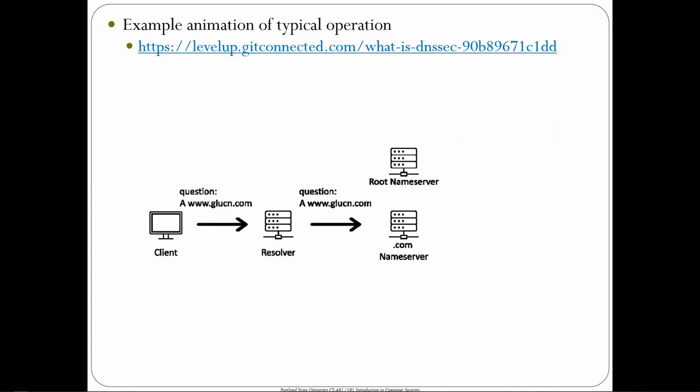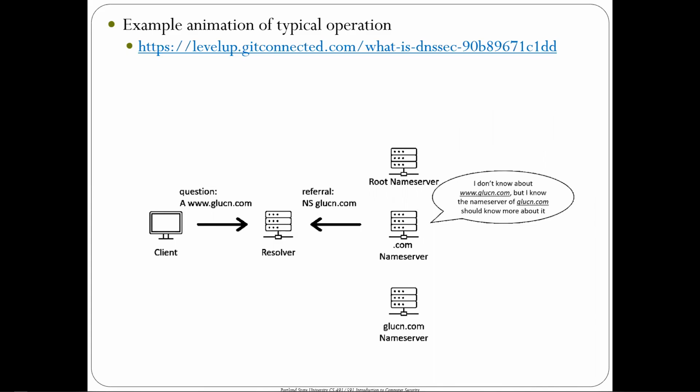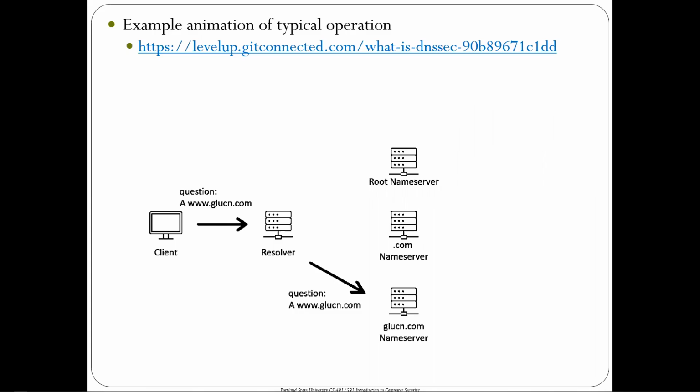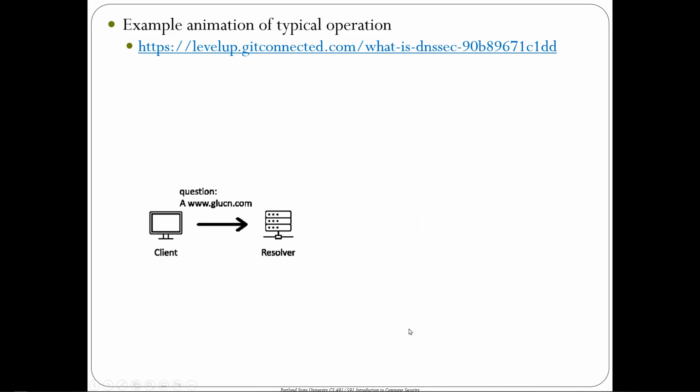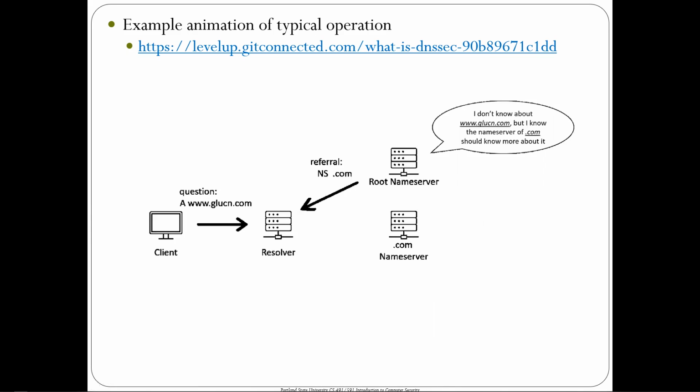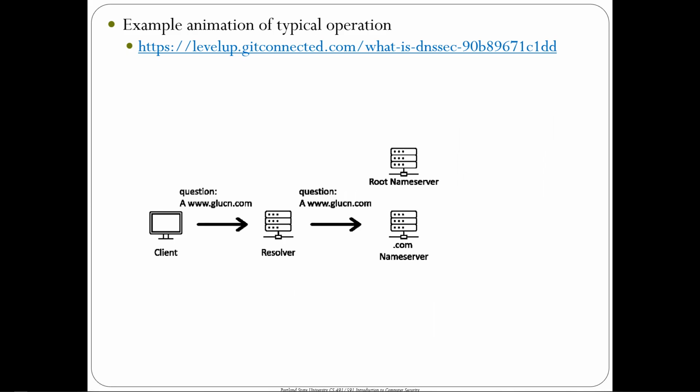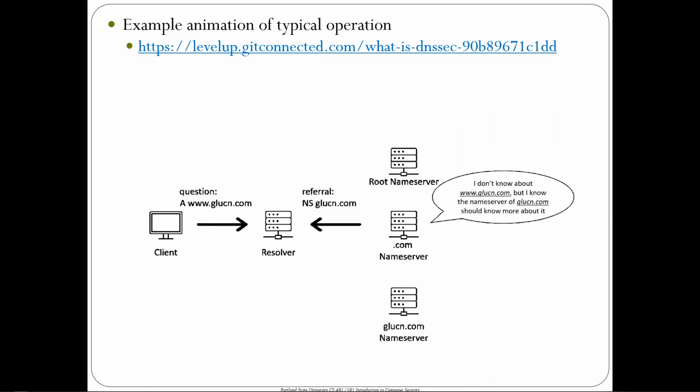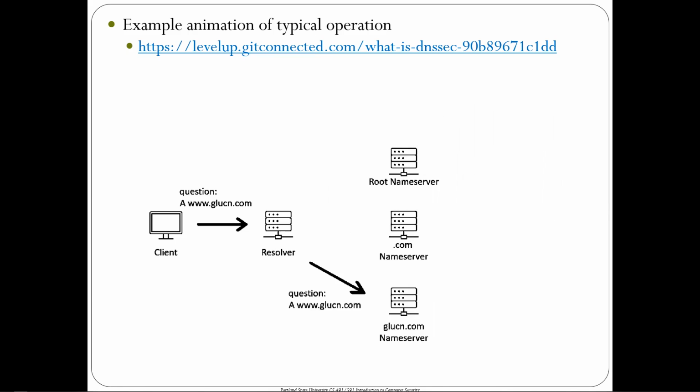Because this is a distributed database, you are going all the way to the leaf of the hierarchy. And this leaf, in this case glucn.com, is going to be able to issue any of the records for that domain. So this is what it means when you own that domain. You own the DNS server that will issue authoritative lookups for your domain, is the idea here.